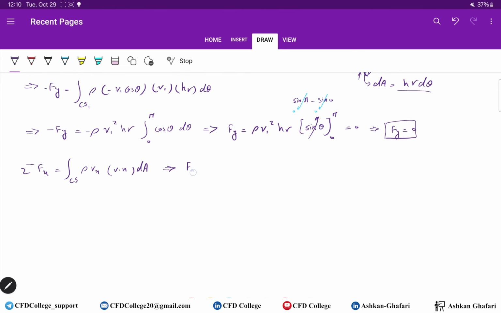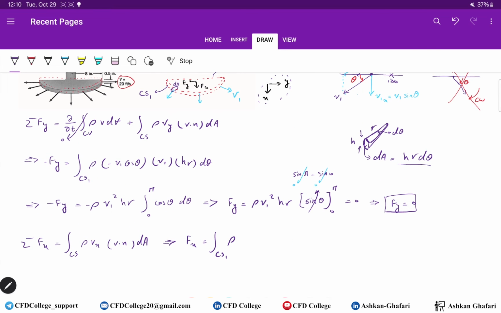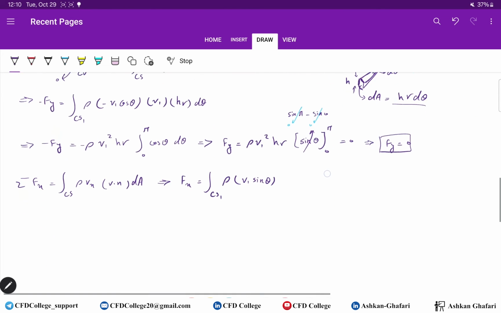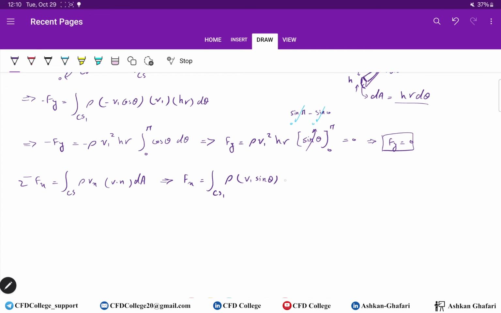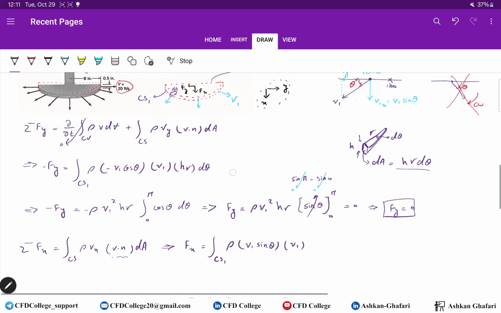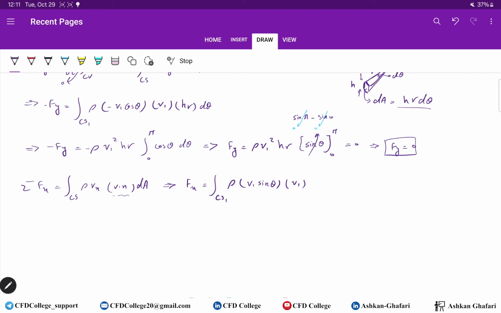So Fx equals over control surface 1, rho is constant, Vx is V1 sine of theta, and V dot n is equal to positive V1. Why? Because we have outlet, and for outlet V dot n is positive.